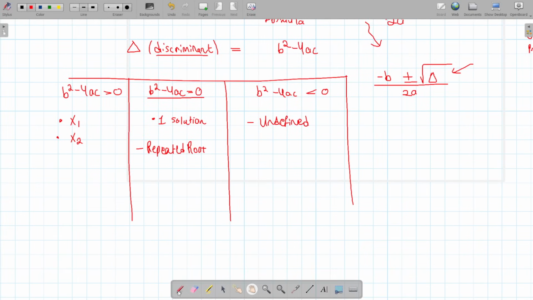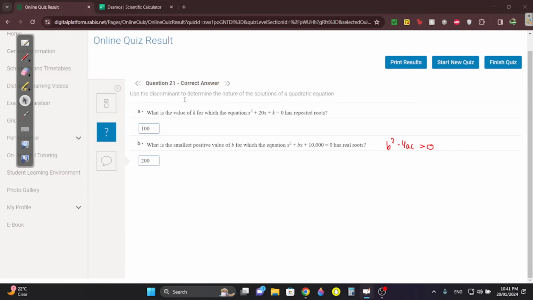Let me put real roots. But this might be a bit controversial, because here you also have real roots when it equals 0. So I wouldn't suggest putting it equal to 0. I would tell you to put it greater than 0, because real roots means we want two different numbers. You'll end up with the same answer, by the way.